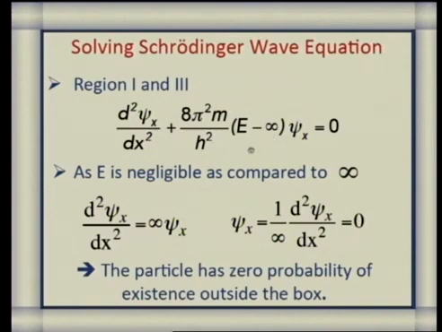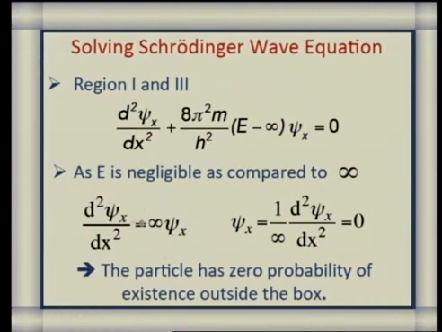When I solve the Schrodinger wave equation for a particle in regions 1 and 3, let's see what we get. This is my expression, which we just derived as the Schrodinger wave equation. Since E, the energy of the particle, is negligible as compared to infinity, I get the following simplified expression.